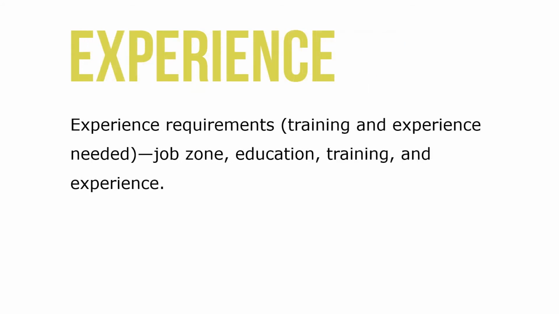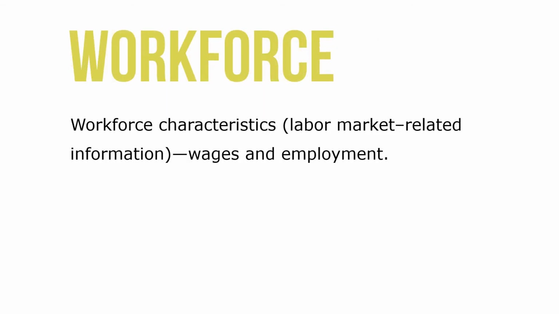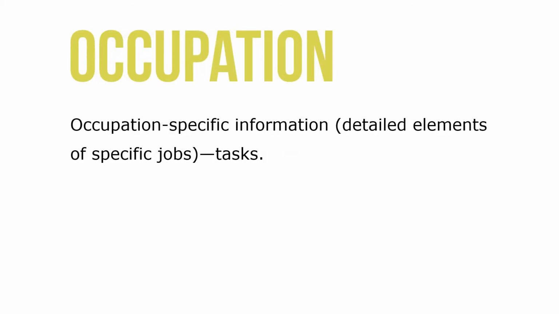Experience requirements are like training and education needed: job zone, education, training, and experience. Occupational requirements are the actual work performed on the job, including work activities. Workforce characteristics are labor market related information like wages and employment. Occupational specific information covers detailed elements of specific jobs and tasks.